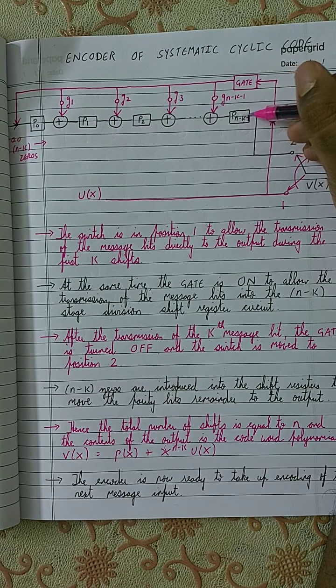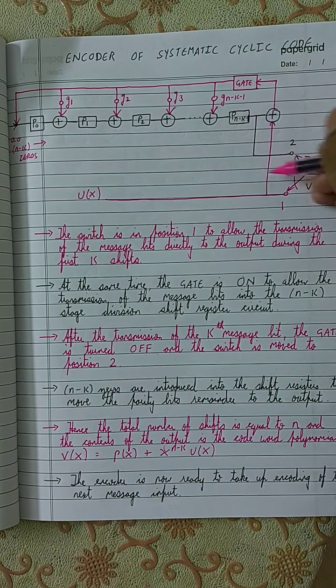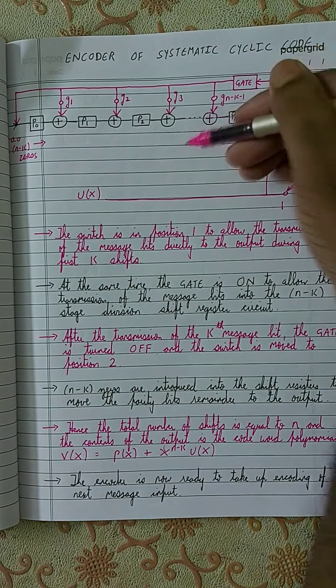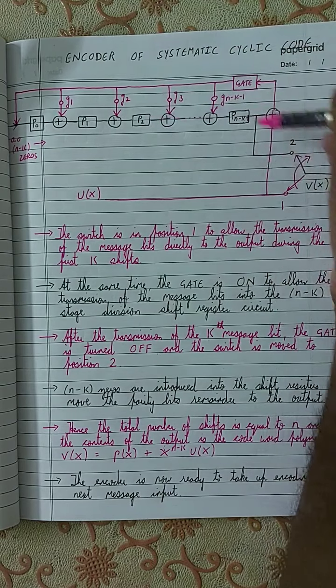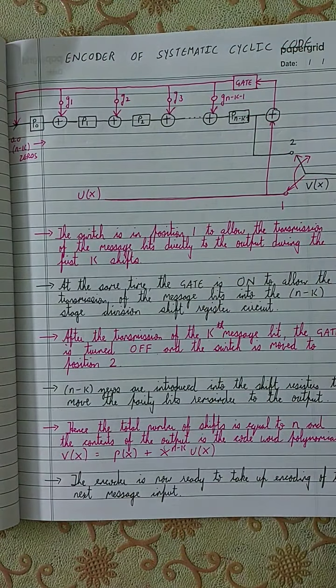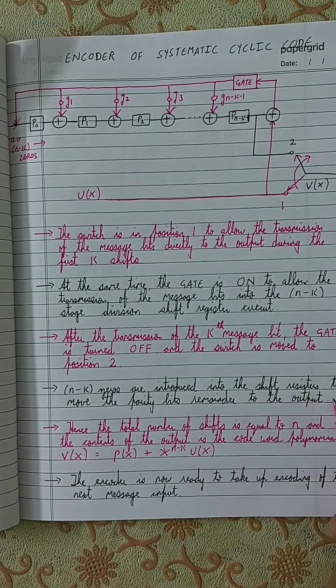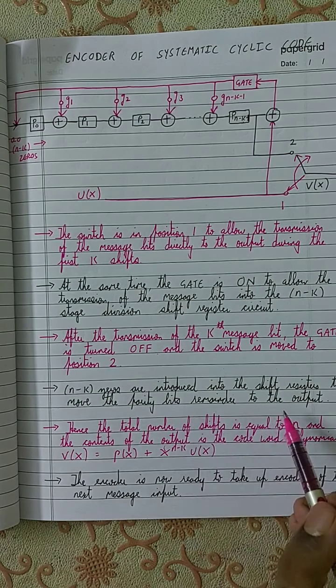First, p(n-k-1) will be shifted over here. Next, the value before that will be shifted over here. Then the value that comes after that, and so on. Then p2 will be shifted. Then p1 will be shifted to the output. Then finally p0 will be shifted to the output. Okay, so that's what it means. N-k zeros are introduced into the shift register to move the parity bits, the remainder, to the output.